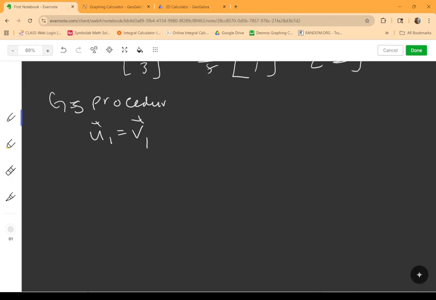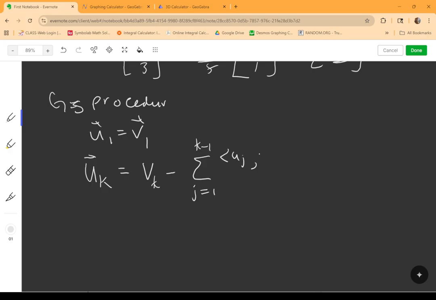Now for each V sub k in the set, we want to subtract everything that is in the direction of all the previously constructed ones. So our U sub k vector is going to be V sub k minus this sum, J goes from 1 to k minus 1.